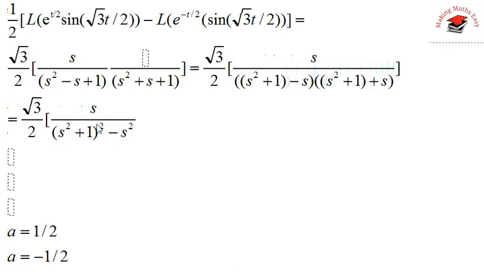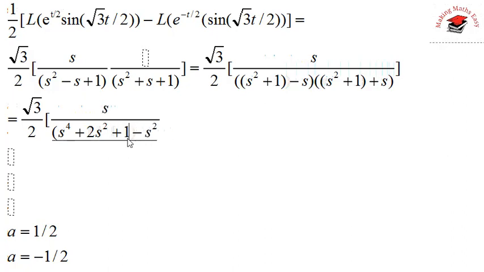So let us solve this s square plus 1 the whole square. So this is a and this is b. So a square will become s square and square of it, so this will become s raised to 4, plus 2 times s square multiplied by 1, means 2ab, 2 times s square multiplied by 1. So this will be 2s square plus 1 square, and 1 square is nothing but 1.